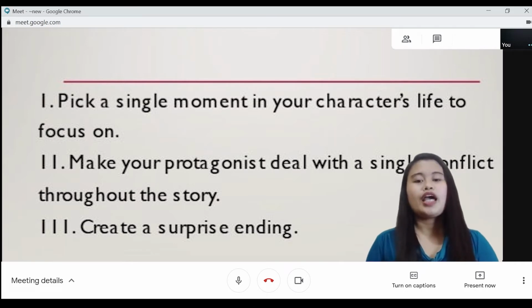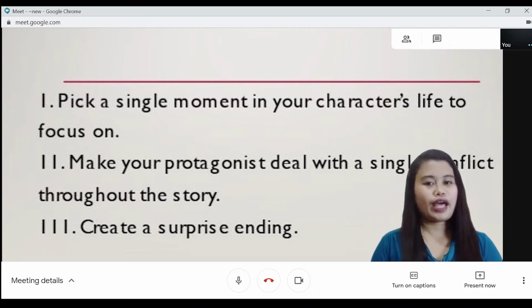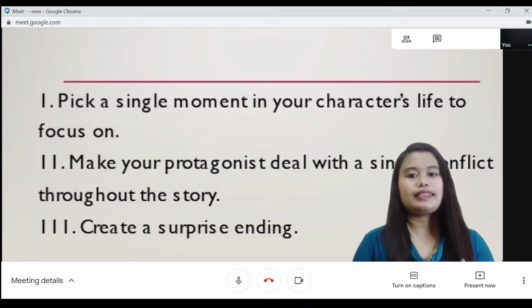For example, if you were writing a story about a boxing match, you may have your antagonist want to beat your main character, so it's more challenging for your protagonist to win the fight. Also, don't use multiple conflicts in a flash fiction piece since it can get confusing and wordy.